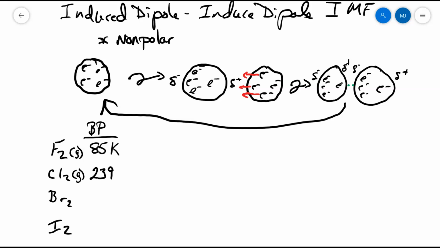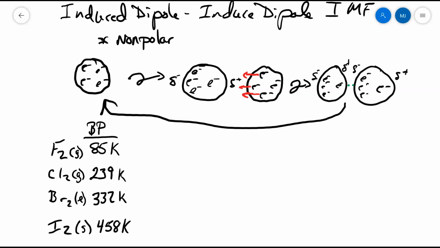Now, bromine has a boiling point of 332 Kelvin. That's above room temperature, so bromine is a liquid at room temperature. And then finally, iodine boils at 458 Kelvin. That is a solid at room temperature.